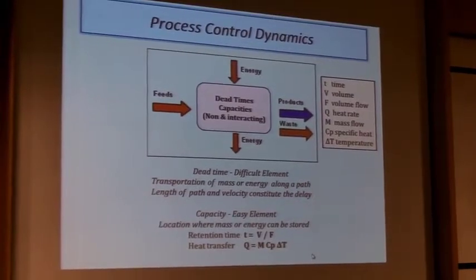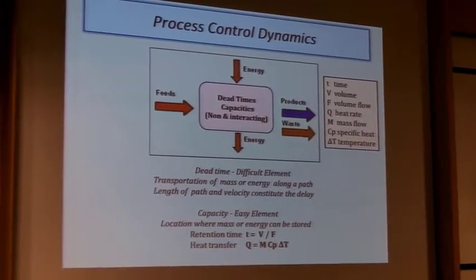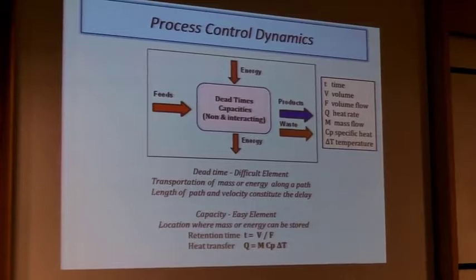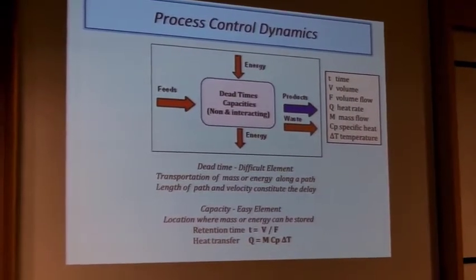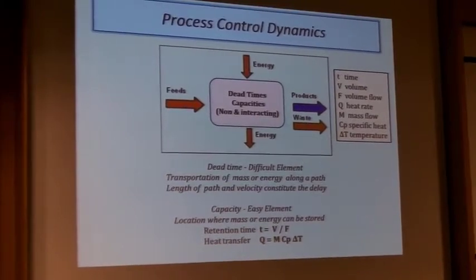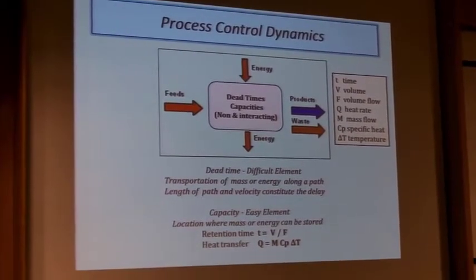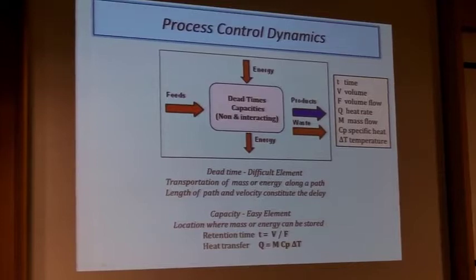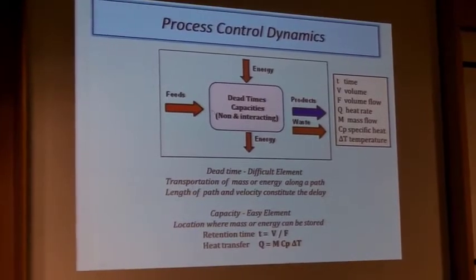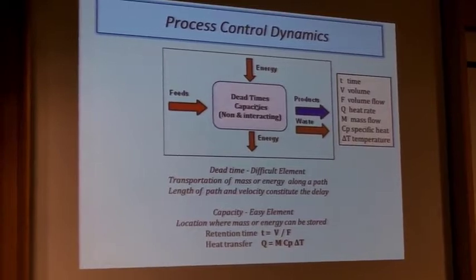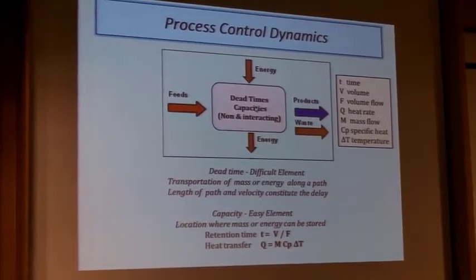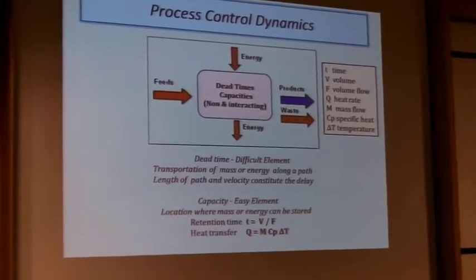More interestingly for us, my background's from Shinskey in terms of control, so I'm extracting from one of Shinskey's books the basis of that slide, because he maintains that in a process you've got feeds, products and waste, energy again, and you've got dead times and capacities in various combinations, and that's it.